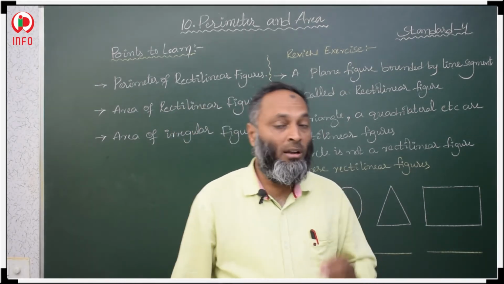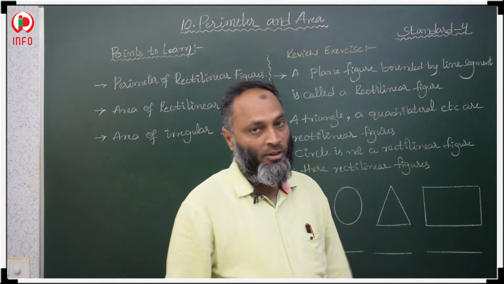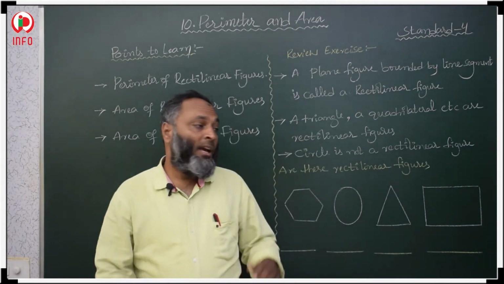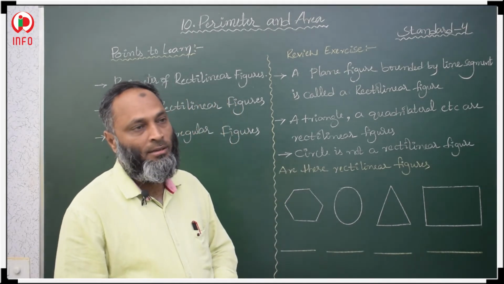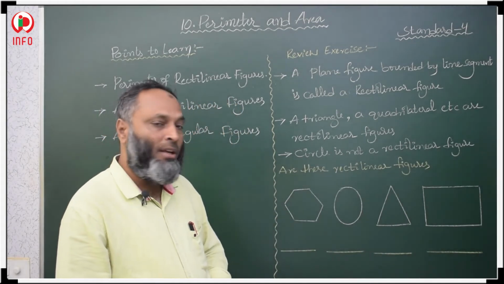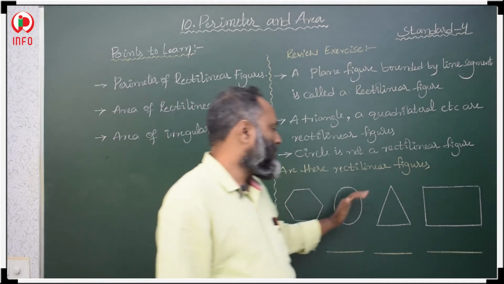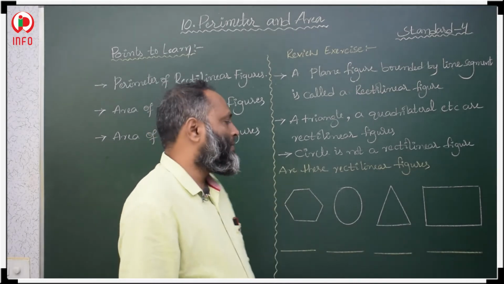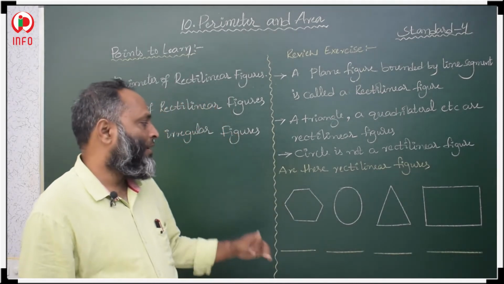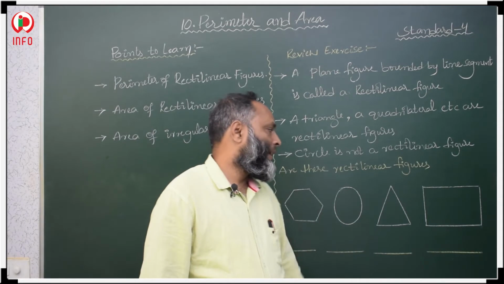This is about rectilinear figures. Here some closed geometrical figures are given. How many? 1, 2, 3, 4. 4 closed geometrical figures are given. In these 4 geometrical figures, we should first identify which one is a rectilinear figure.